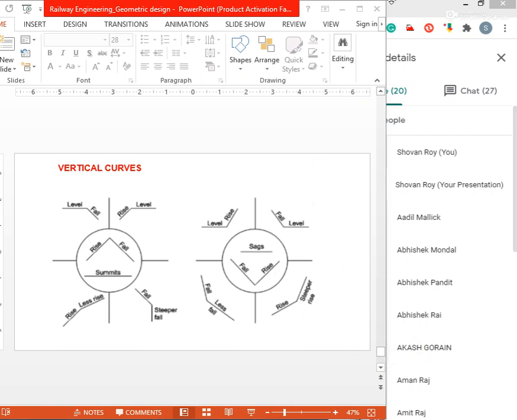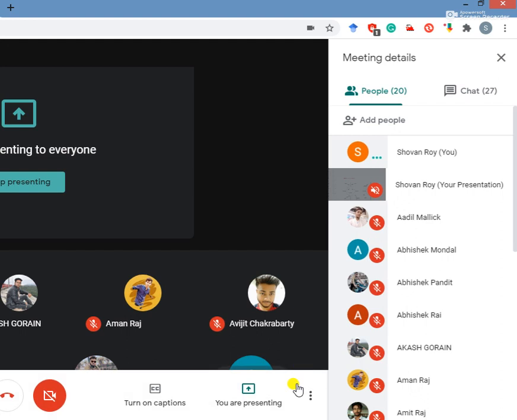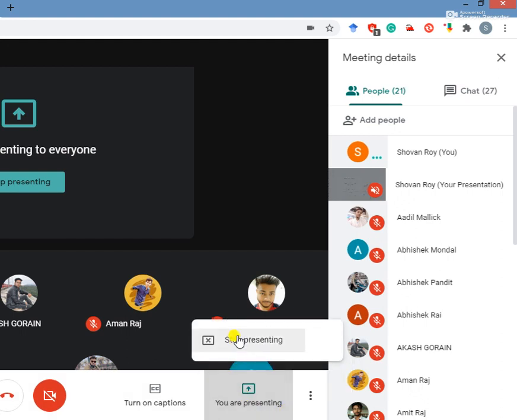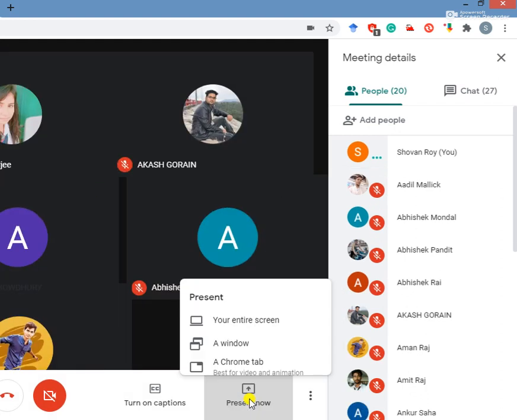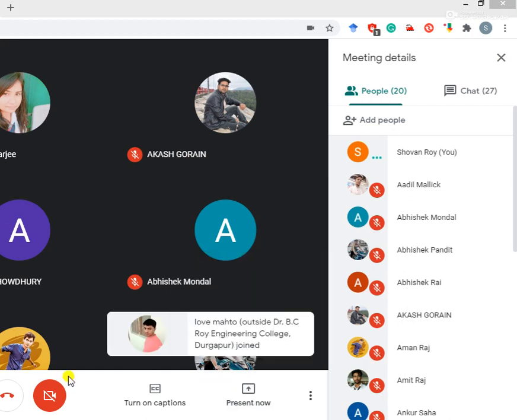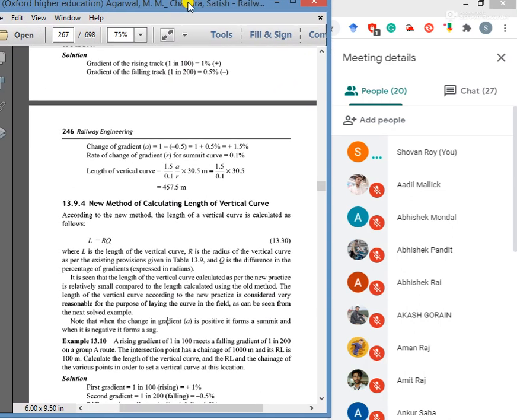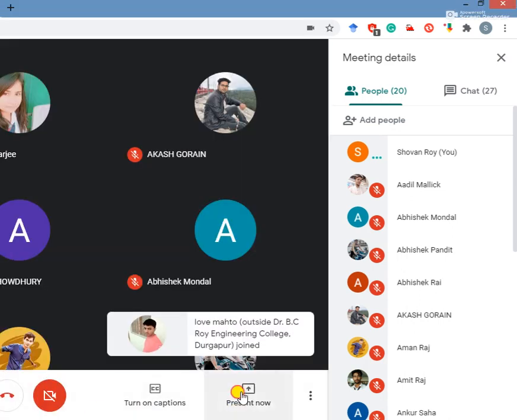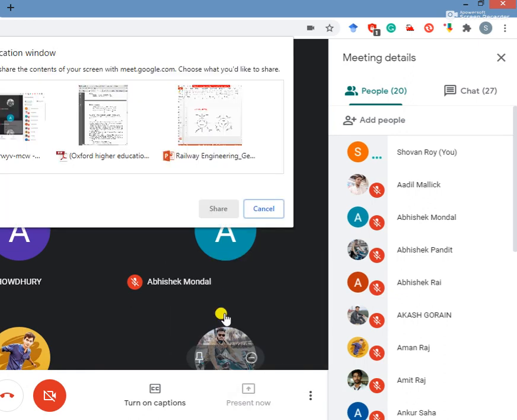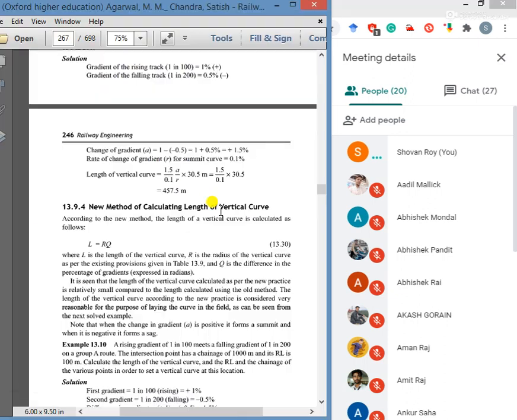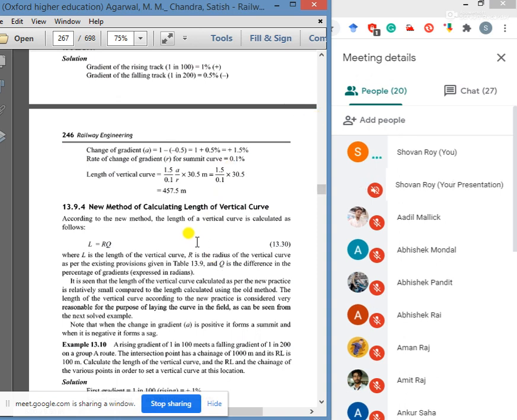The things will be clear from one numerical. You can see the numerical, just wait. Again I am coming to the Agarwal book.